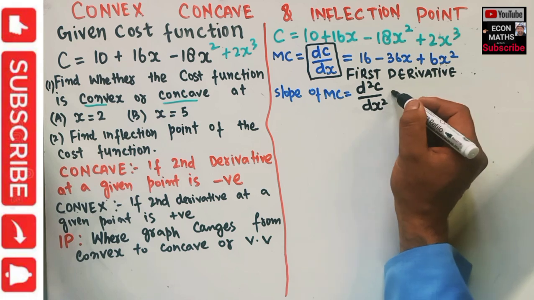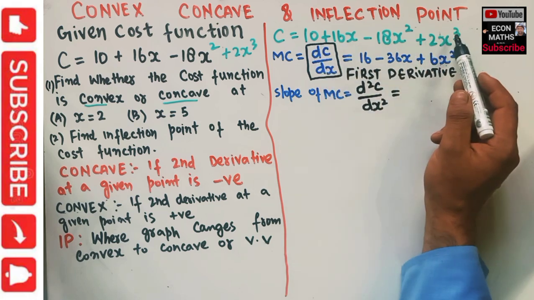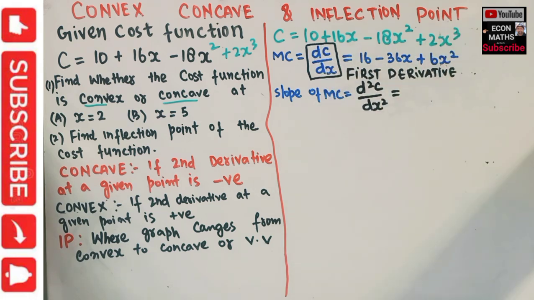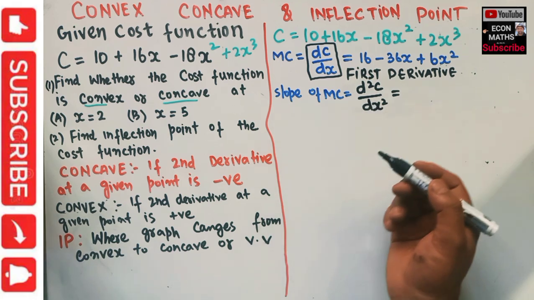If I take the second derivative of this cost function, we will get the slope of the marginal cost.